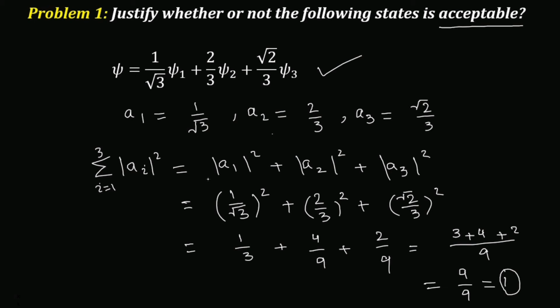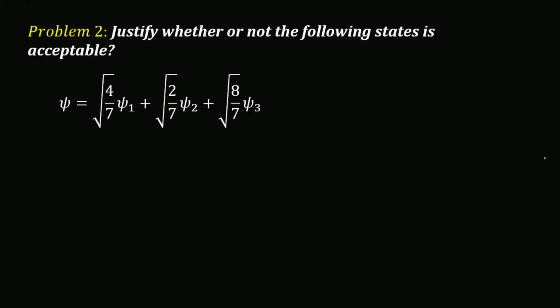If it is equal to 1, then this function is acceptable as a state. What does it mean by state? State means that this is a wave function. In quantum physics, not every function in calculus represents a wave function, but any function that satisfies the principle of superposition is acceptable as a wave function.